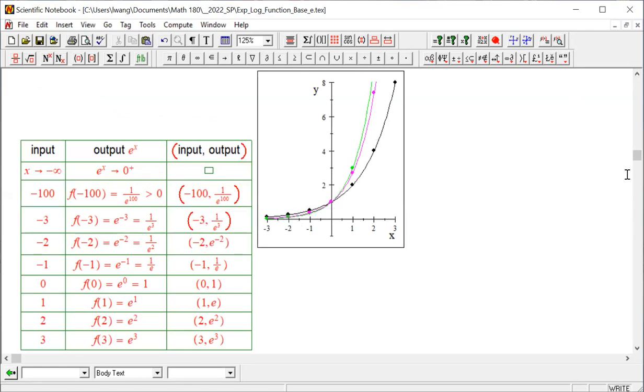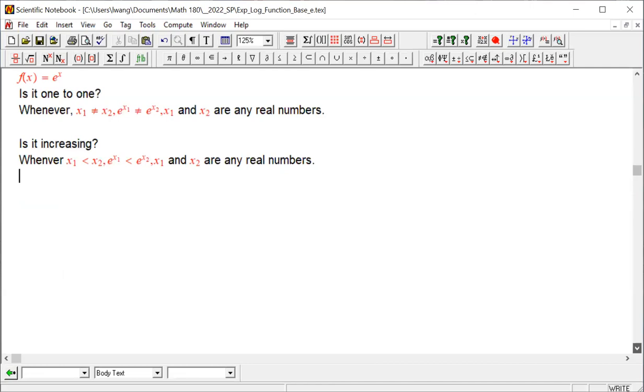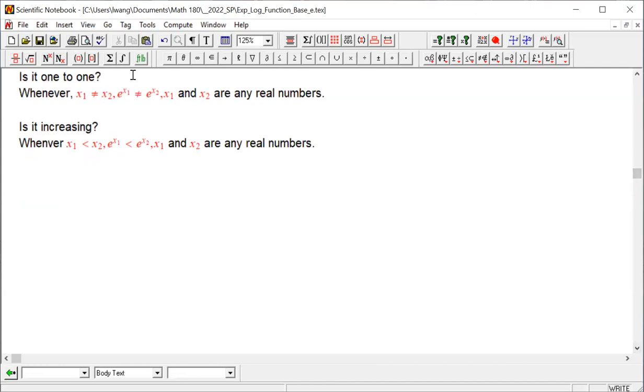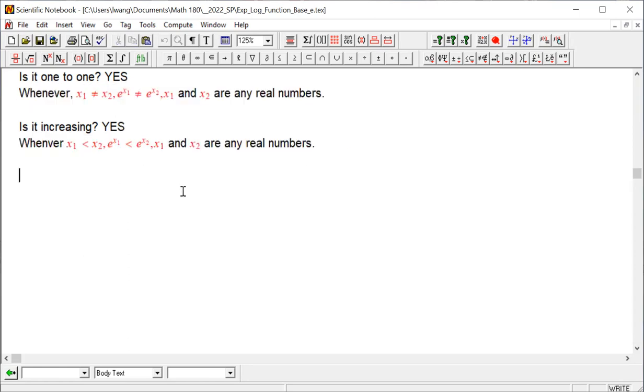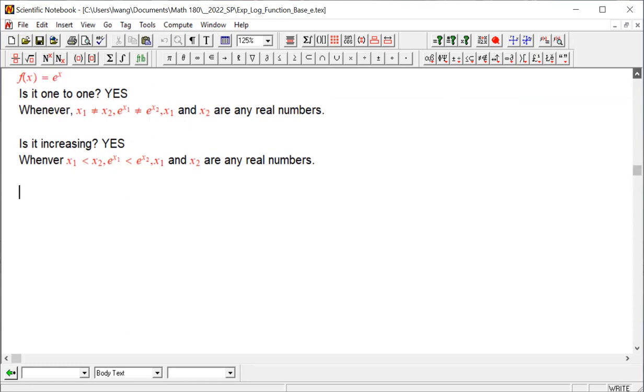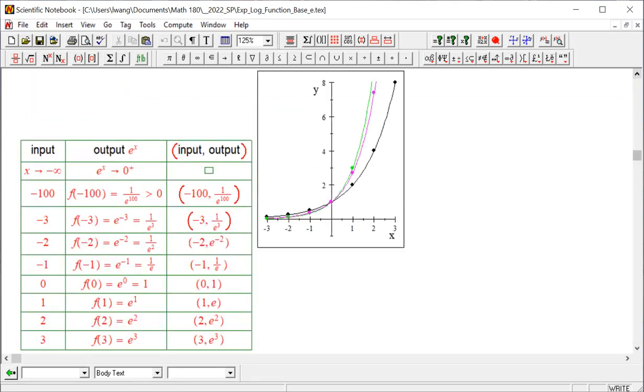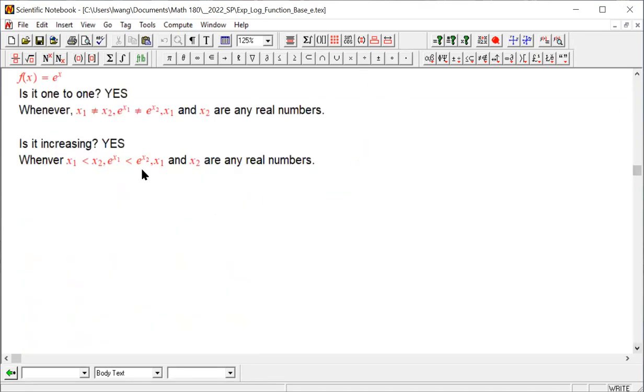Increasing as well, so that's true. And the answer is yes, because this is true and that is true. If it is an increasing function, of course, it's one-to-one. If it's a one-to-one function, it has exactly one inverse function.